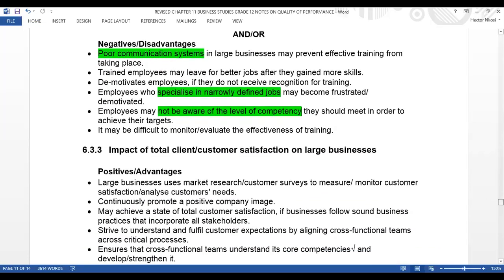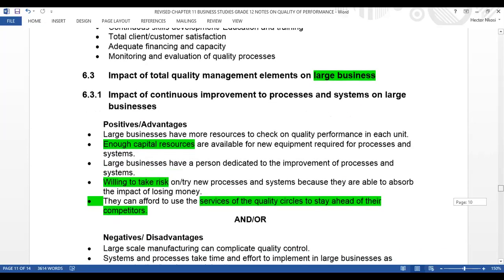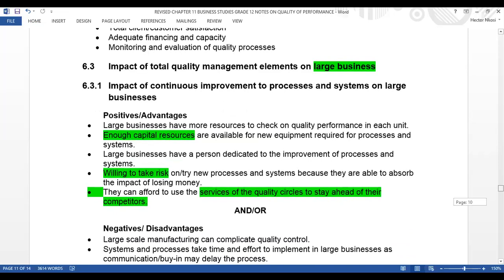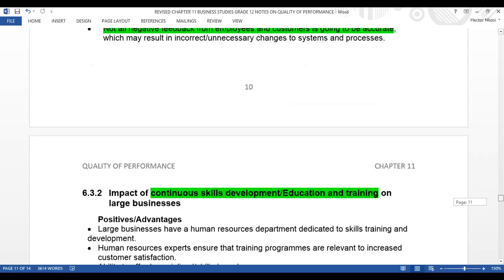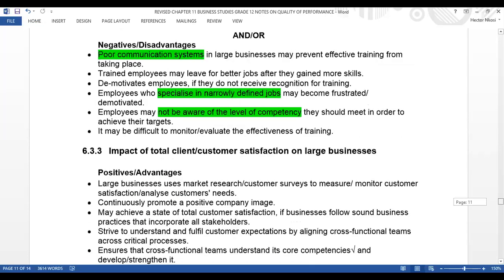Now, let's look at the impact of total client or customer satisfaction on a large business. We have touched on continuous improvement. We have also looked at continuous skills development, or education and training.